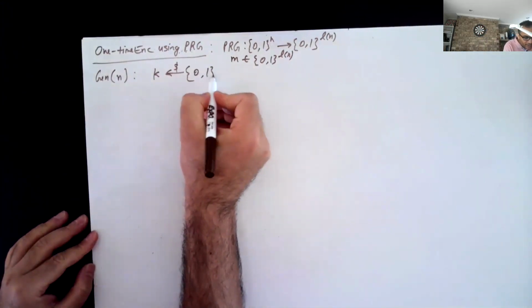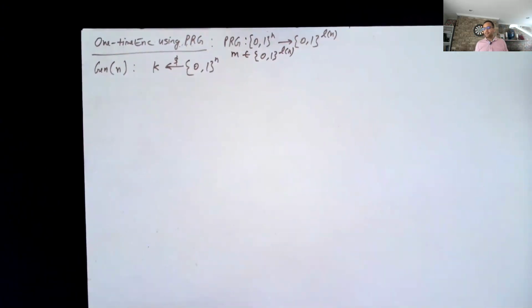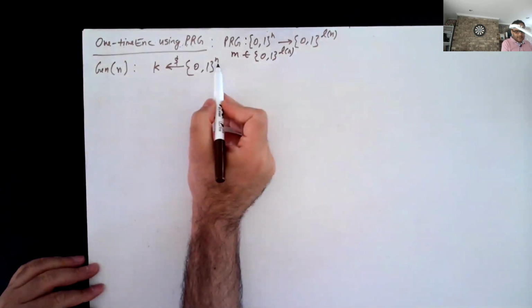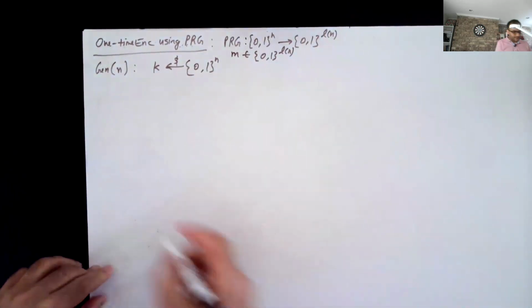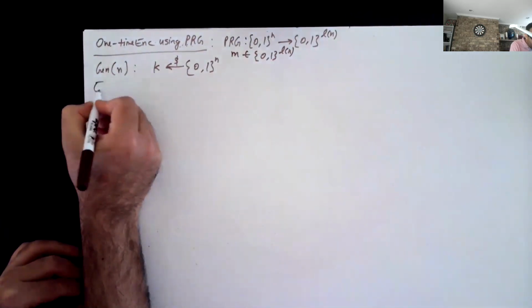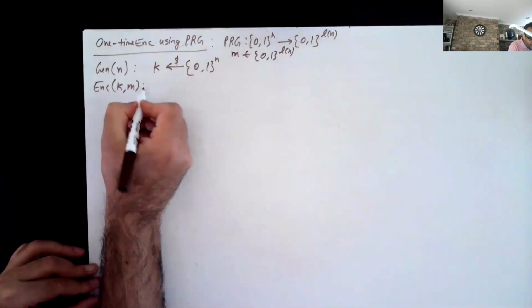So how do you sample the key? The key is just a random string of length n, because this is what our PRG will need later on. How do you encrypt using this key?